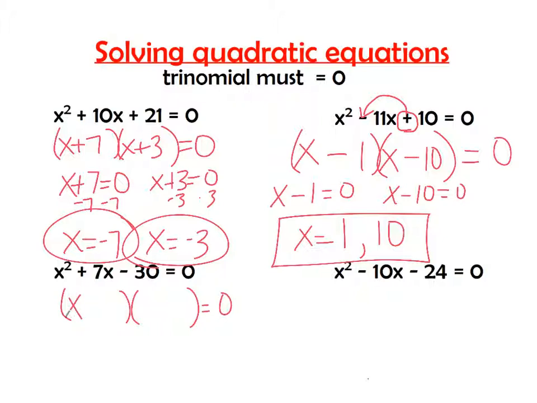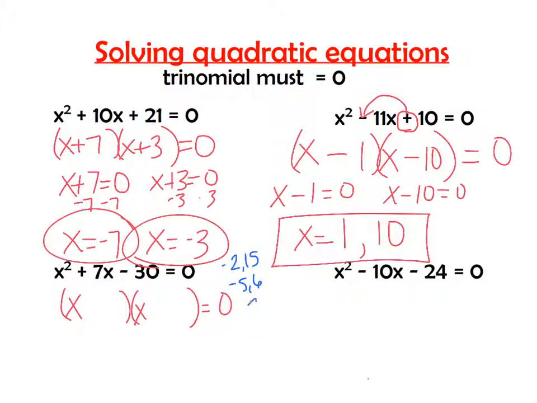All right, again, x and x. Multiplies to negative 30. So I'll have one positive and one negative. Negative 30 and adds up to a positive 7. Okay, I might have to come over here on the side and start listing some. Let's see, 2 and 15 multiplies. One of those would have to be negative. That's not going to get me a 7. How about a 5 and a 6? That multiplies. One of them has to be negative.